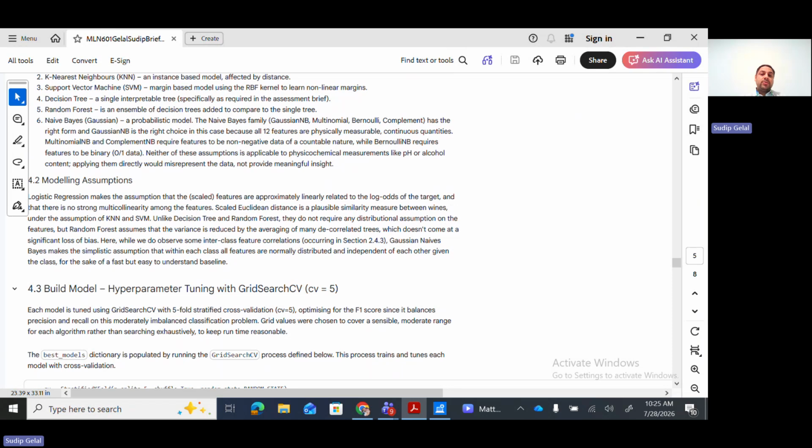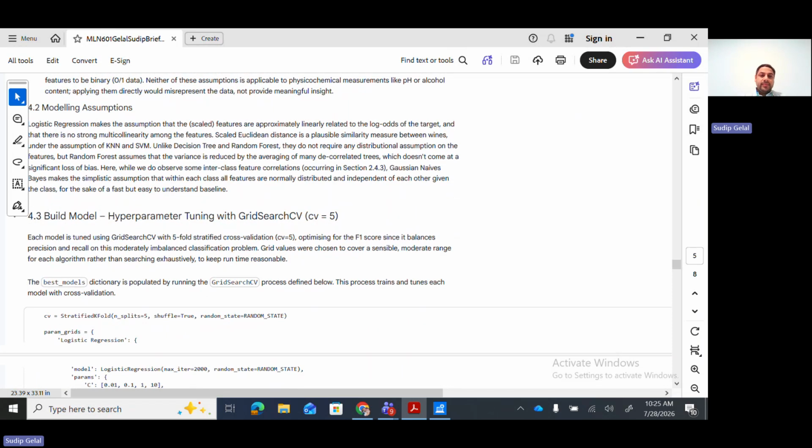The third one is support vector machines, or SVM. Its job is to find the best boundary that separates good wines from bad wines. It works well when the data is more complex and cannot be separated by a simple straight line. The fourth one is decision tree.